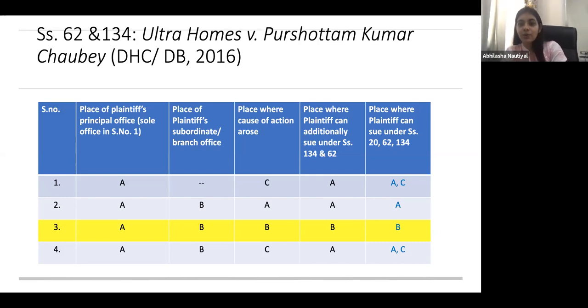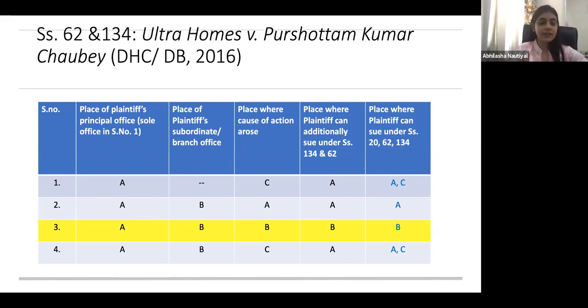B is the place of overlap, and B is the only place where you can file the lawsuit because the cause of action has also arisen in B, and the plaintiff's subordinate office is also there. The jurisdiction of A, which is the plaintiff's principal office, because of this overlap and this decision of the Delhi High Court, will then be ousted.